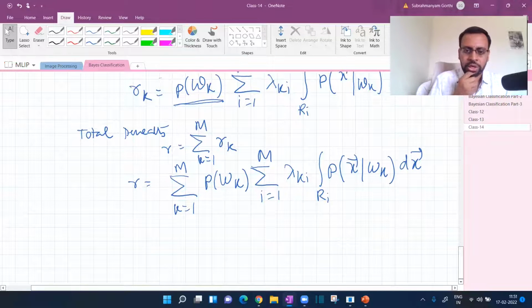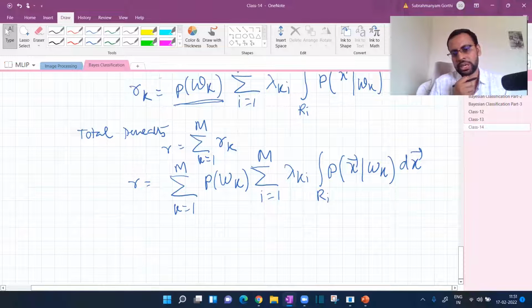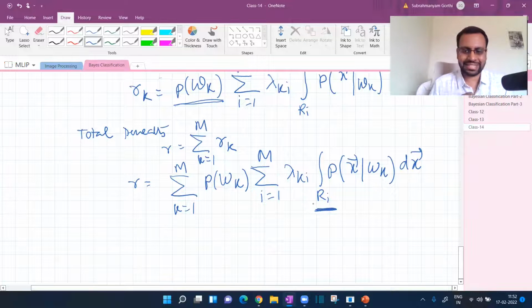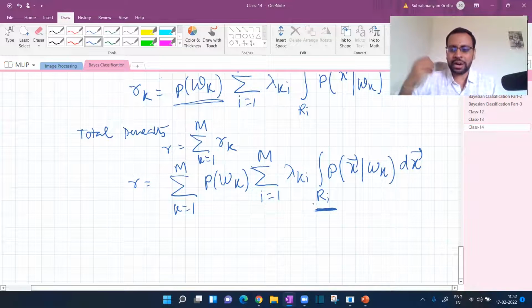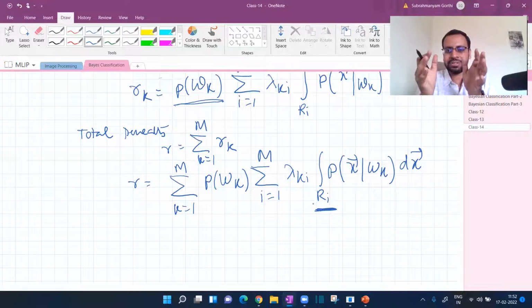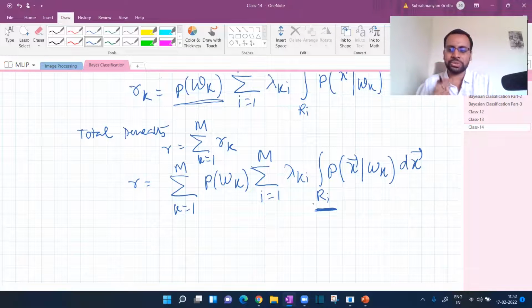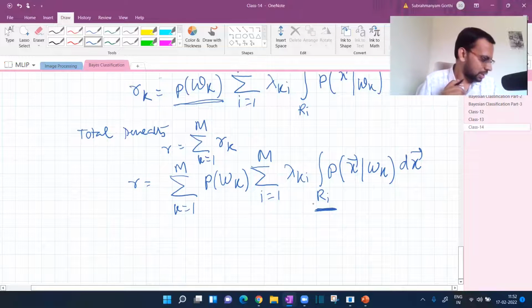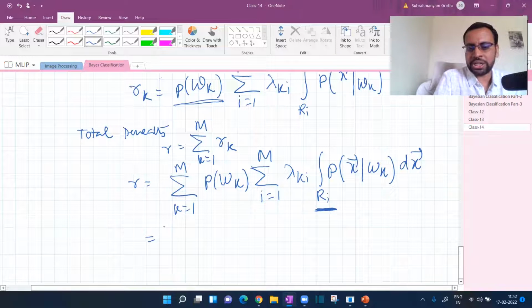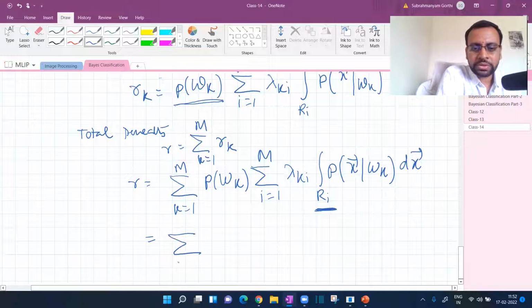Now, I would like to write this in terms of the regions. In terms of the R1 region and R2 region, class 1 corresponds to the R1 region and class 2 corresponds to the R2 region. This is a linear summation, if you notice. So I could bring in the summation over i equal to 1 to m here.